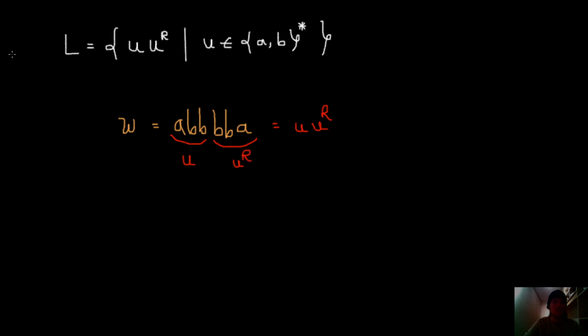And this is true for all the palindrome words with even length. Keep in mind that this word has an even length. The length of this word is 6, right? We have 6 symbols. And so here, this is my subword U, and this is my subword U reversed. And you can see that for any word that belongs to this language L, we have this format.